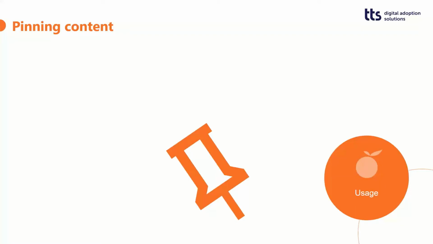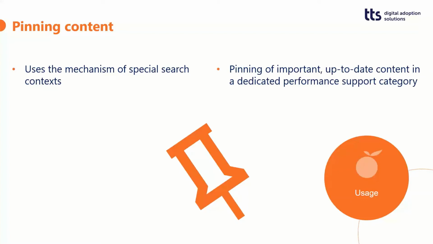If you have some really important content that you want to show to all of your employees, no matter what they are really searching for, because you have some really urgent document that everyone should read or something like that, you are now able to pin such an important document by using the hashtag pinned.